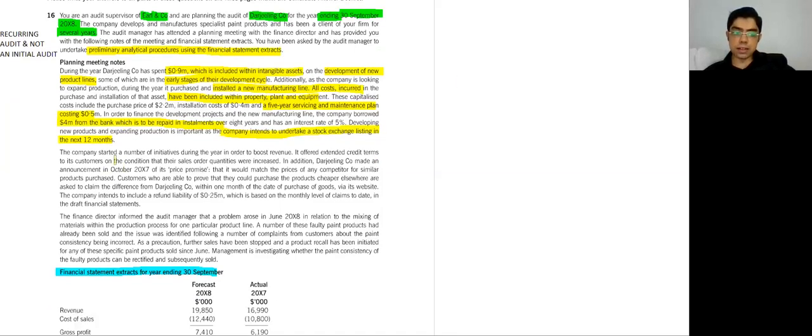The company has started a number of initiatives during the year in order to boost revenue. It offered extended credit terms to its customers on the condition that sales order quantities were increased.